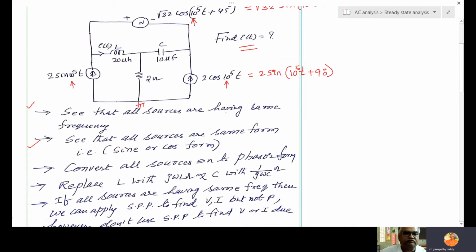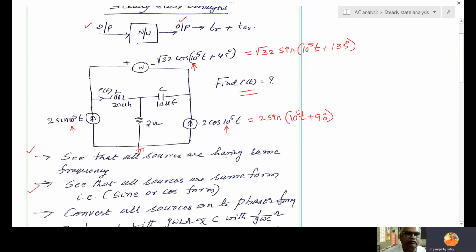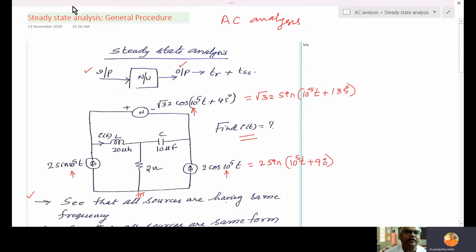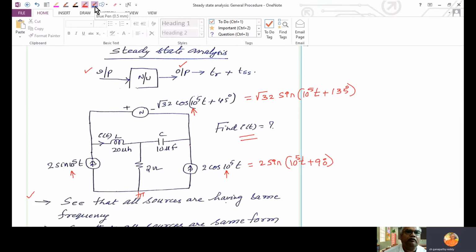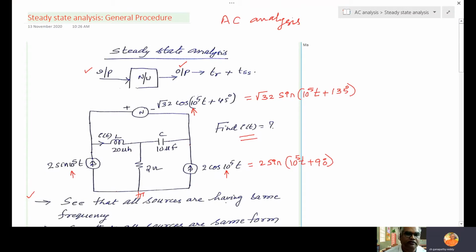Third, convert all sources into phasor form. So what is the phasor equivalent? Phasor means we have to convert into RMS.